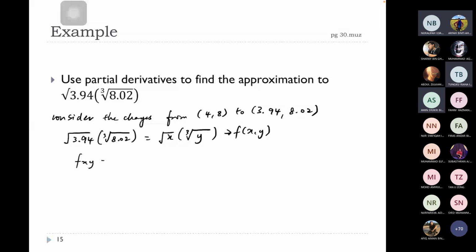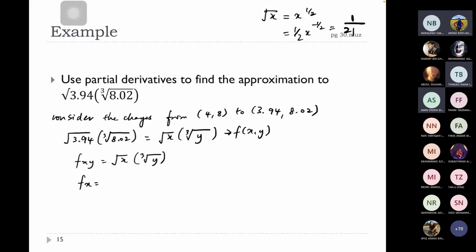So from here f(x, y) equal to set x darab dengan punca kuasa 3 y. So dapatkan fx partial derivative with respect to x. 1/2 set x. This one sama dengan x kuasa 1/2. Okay. And from here keluarkan 1/2 x kuasa negatif 1/2.